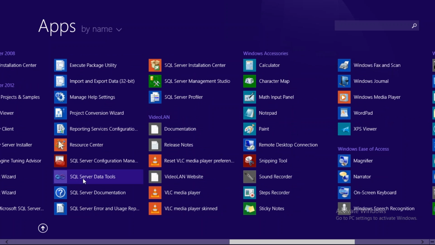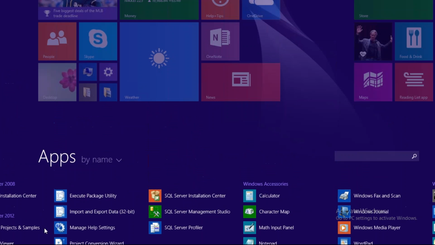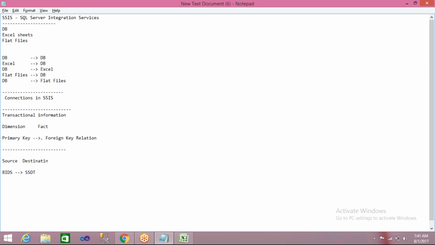You can see the SQL Server Data Tools. Using that, you can interact with the components of SQL Server: SSIS, SSAS, SQL Server Reporting Services.